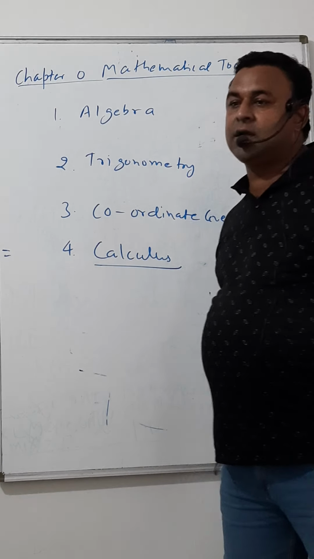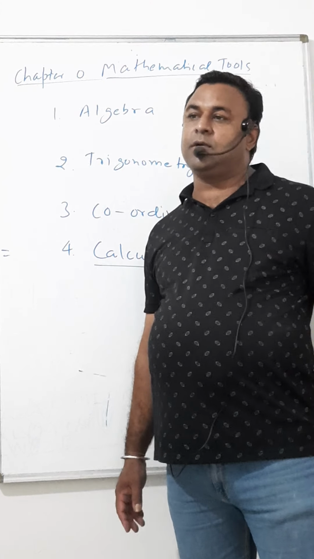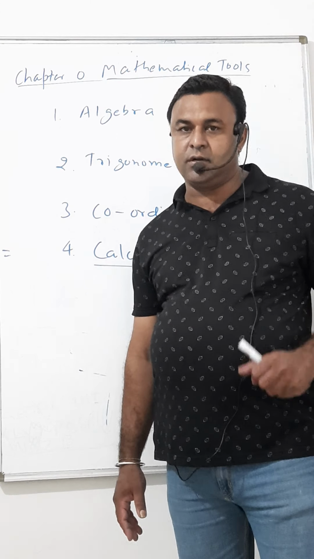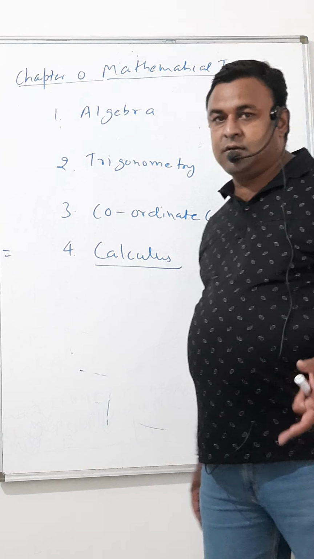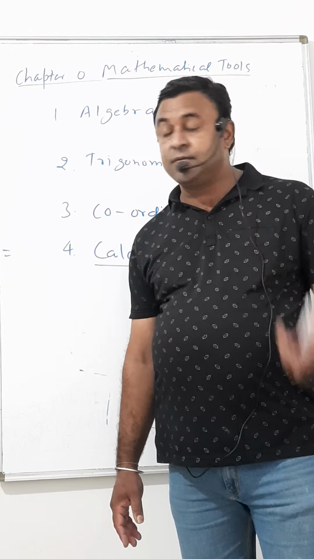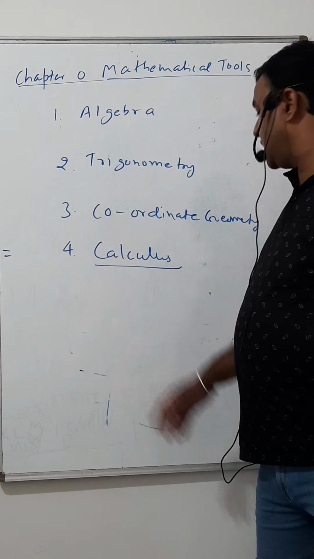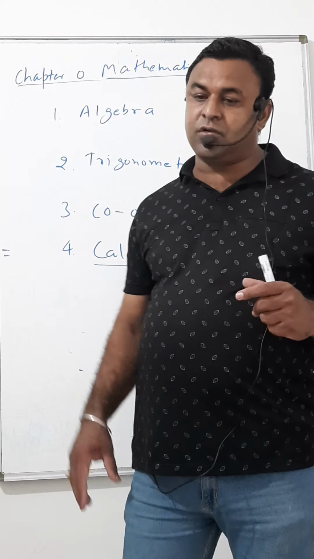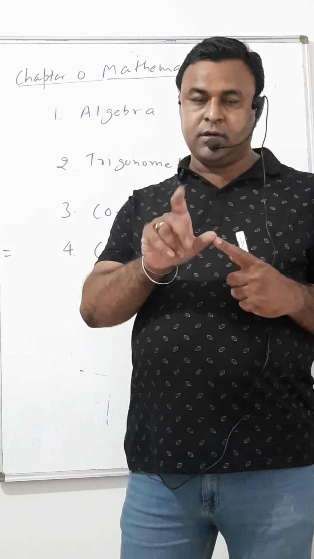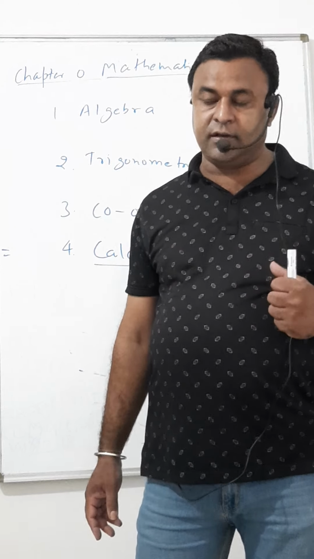It's about quadratic equations, about polynomials, about lots of other theorems. Trigonometry, of course, is sine, cos, tan, and triangle issues. Coordinate geometry, up to class 10, you used to draw diagrams like circle, straight line, all these things.